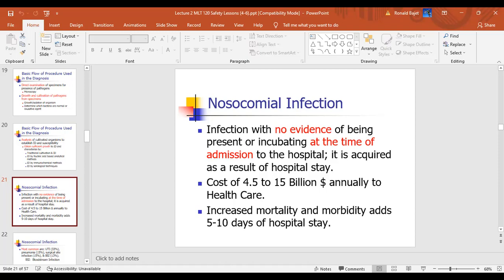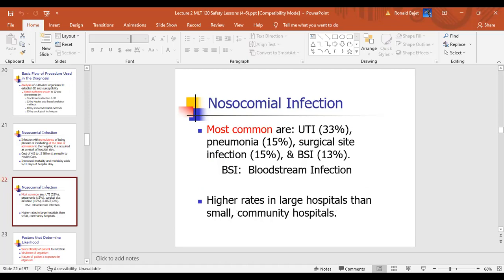Her primary job is to get a handle on and prevent nosocomial infections. The most common nosocomial infections are urinary tract infection, pneumonia, surgical site infections, and bloodstream infections, positive blood cultures. Rates are higher in large hospitals and small community hospitals.